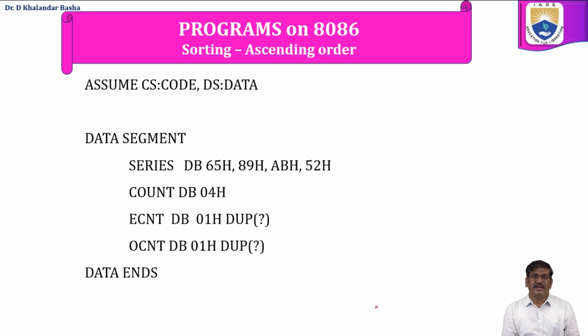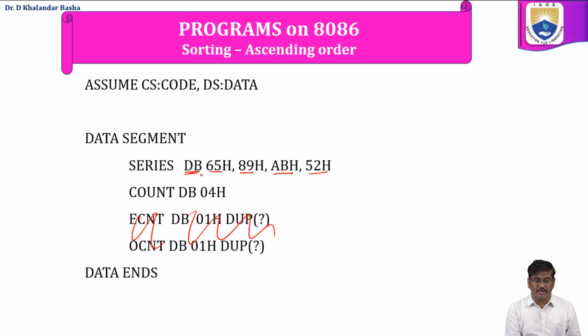As we are executing the programs on an assembler, we request memory for the code segment and data segment using the ASSUME directive: ASSUME CS:CODE, DS:DATA. Then the data segment. As it is for sorting a series of values, we are considering 8-bit size, so define byte, and the series values as 65H, 89H, ABH and 52H.